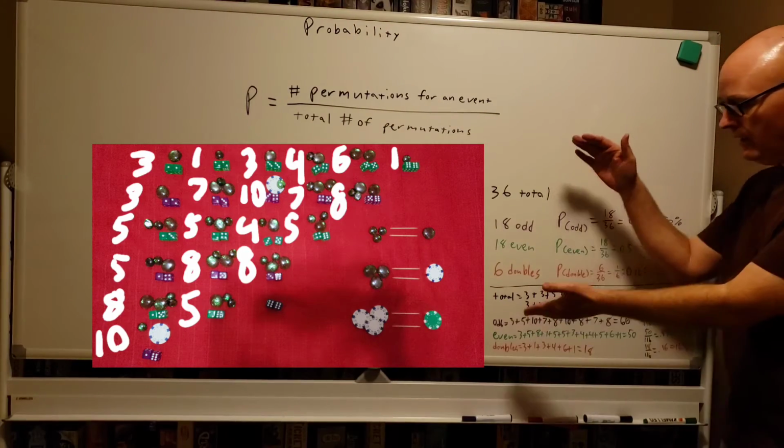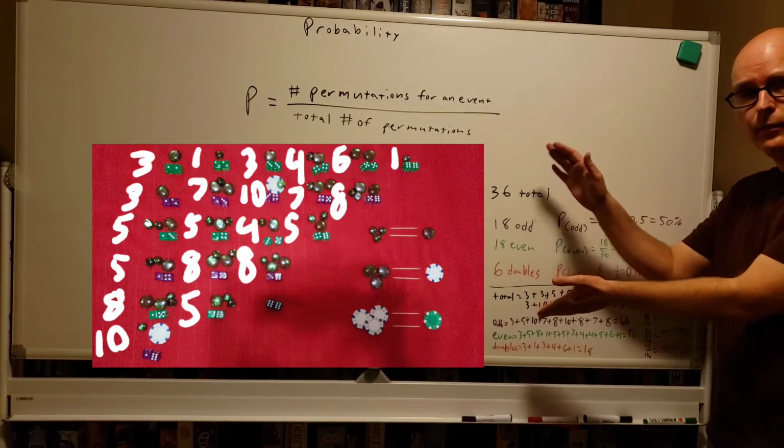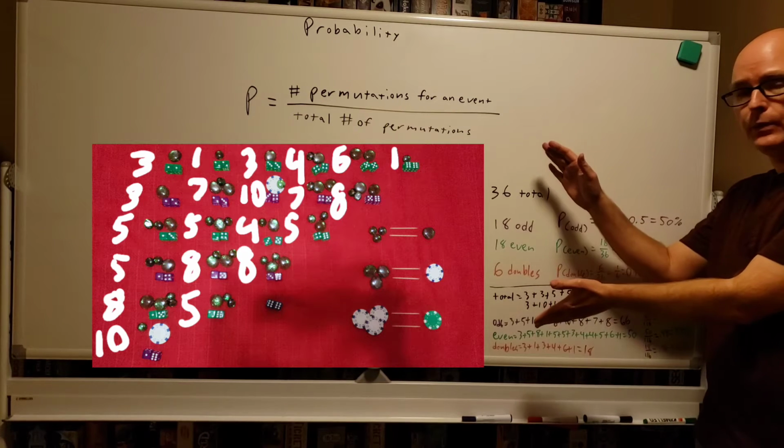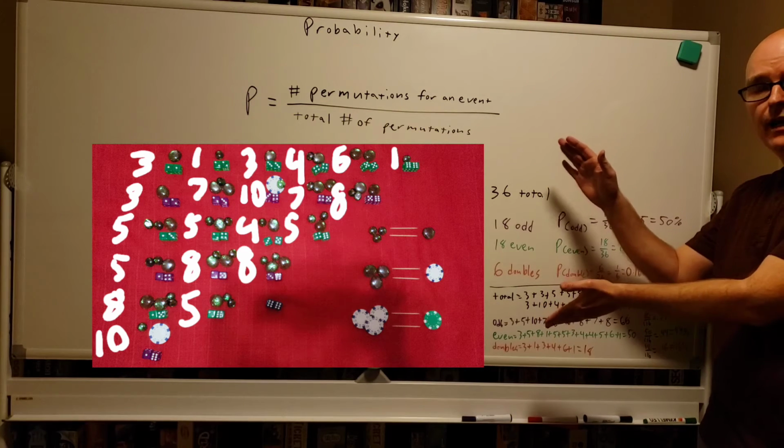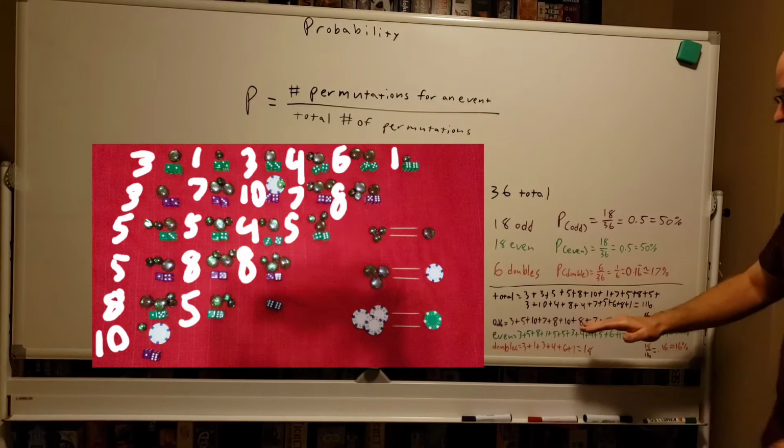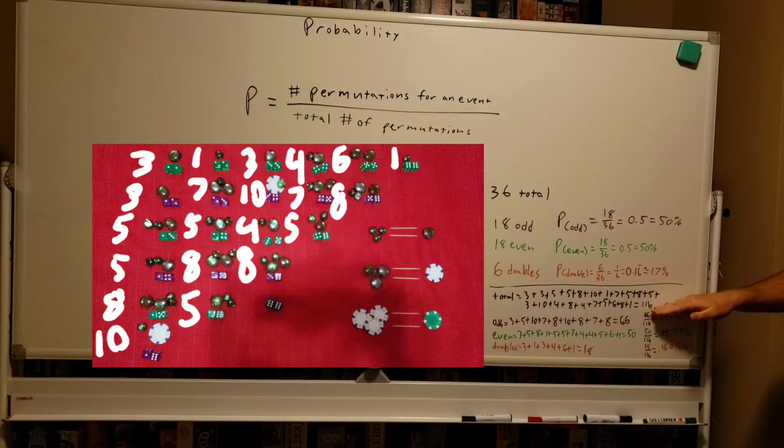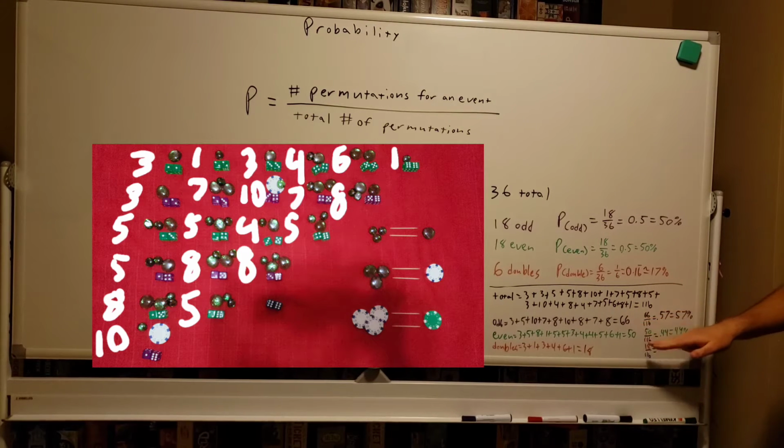The results. Now, if we calculate what the actual fraction of the totals gave us evens, odds, and doubles, we end up with a total number of rolls of 116. We had 66 that were odd, we had 50 that were even, and we had 18 that were double.